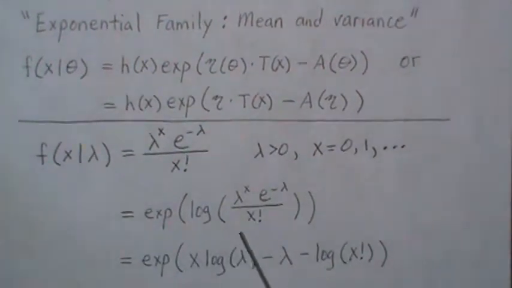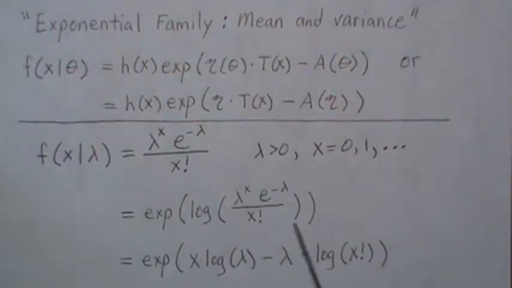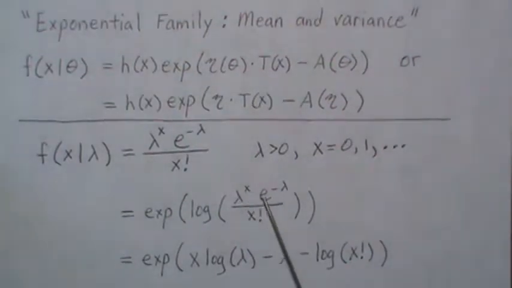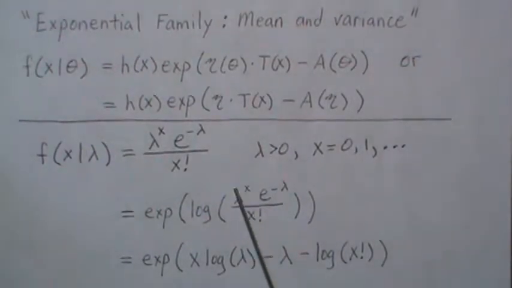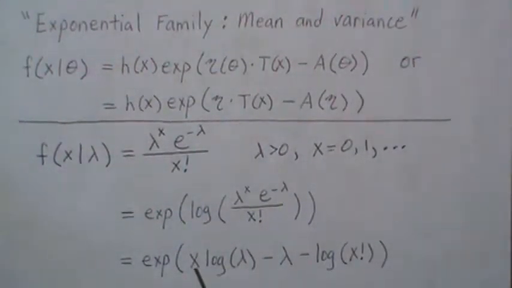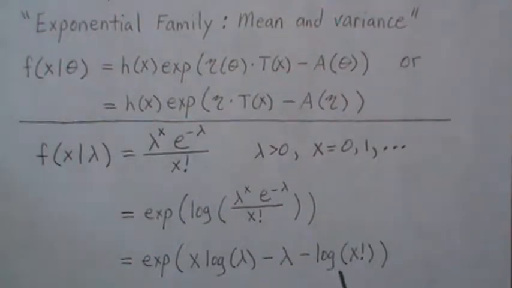The log of a division is a difference, so this comes out as a minus, and the log of a multiplication becomes addition. Then the exponent can be taken out front, and the log of e to the minus lambda is just minus lambda.